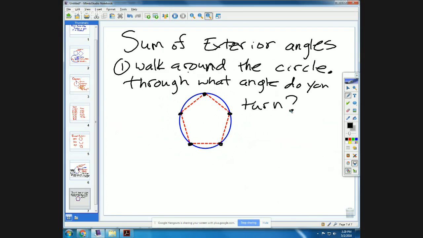That's one question we'll consider. Other question we'll consider, almost the same, walk around the polygon, through what angle do you turn?